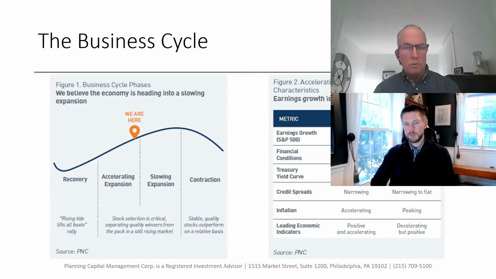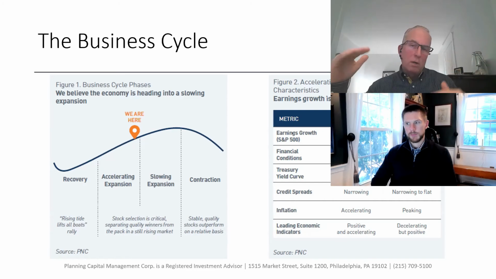But once we start hitting the slowing expansion side, you start seeing earnings growth starting to decelerate in different companies and larger companies. You start to see the yield curve flattening out a little bit. They start pushing up short-term interest rates, and depending on where the market believes it's going to go, sometimes those longer-term interest rates might flatten out.